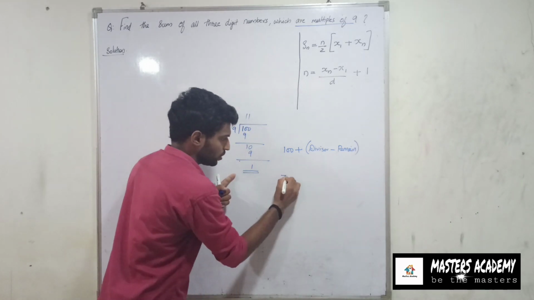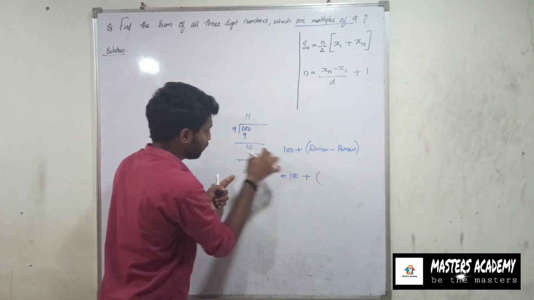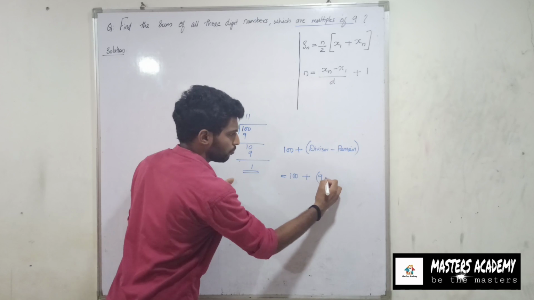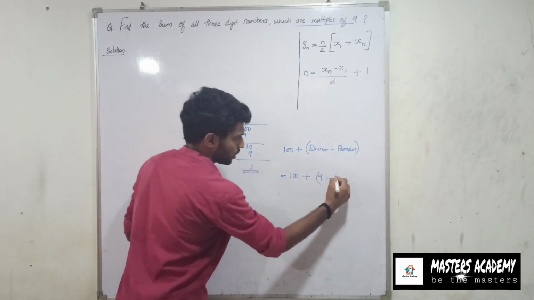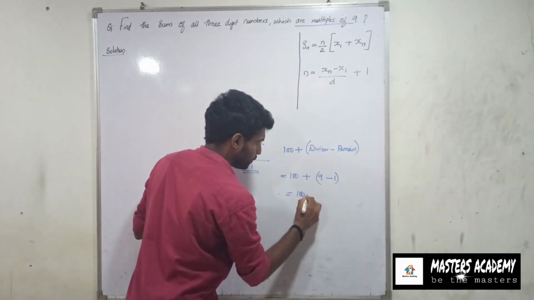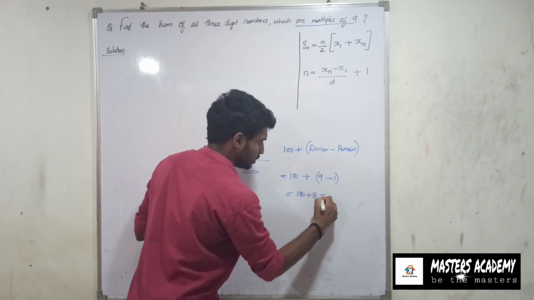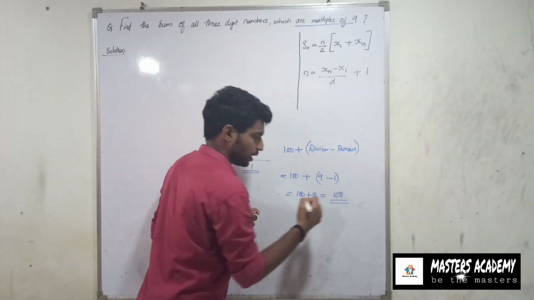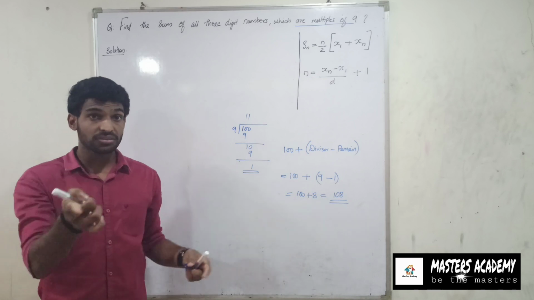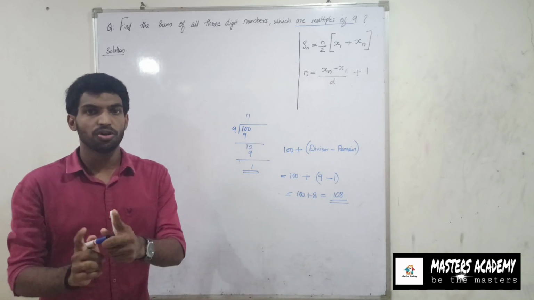That equals 100 plus 9 minus 1, which gives us 8. That is 108. So 108 is the first 3-digit number which is a multiple of 9.